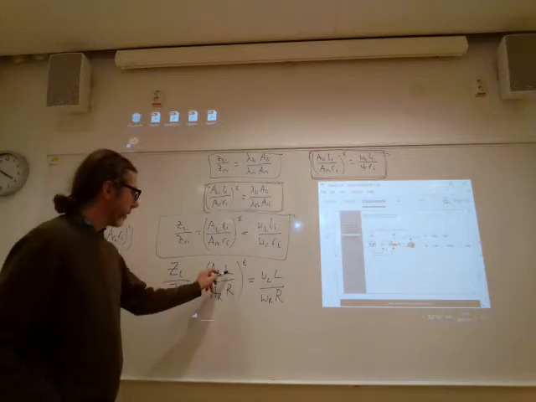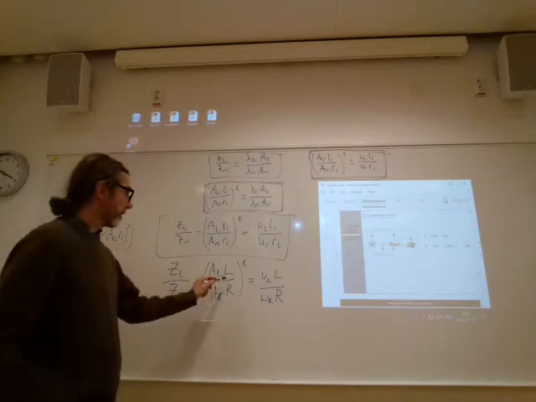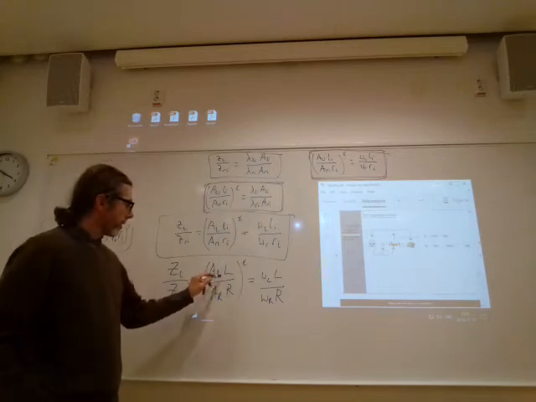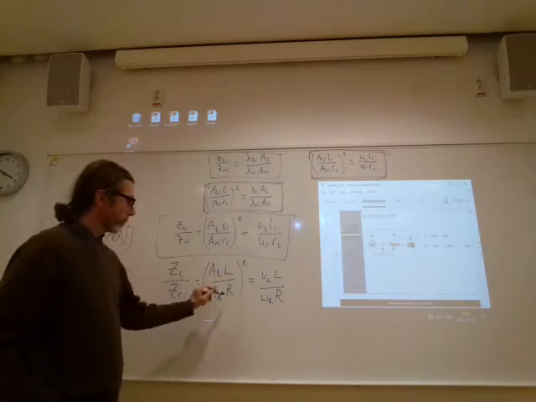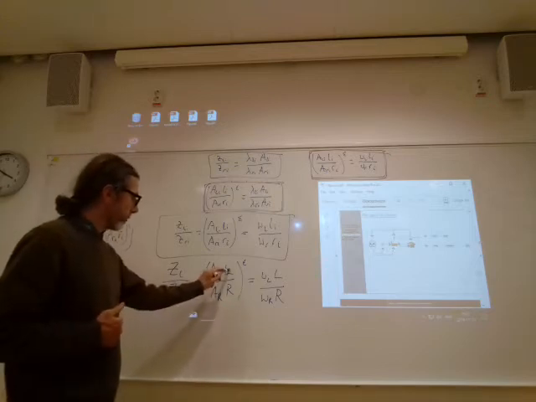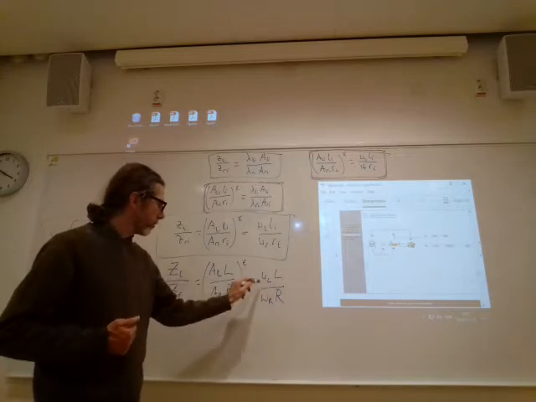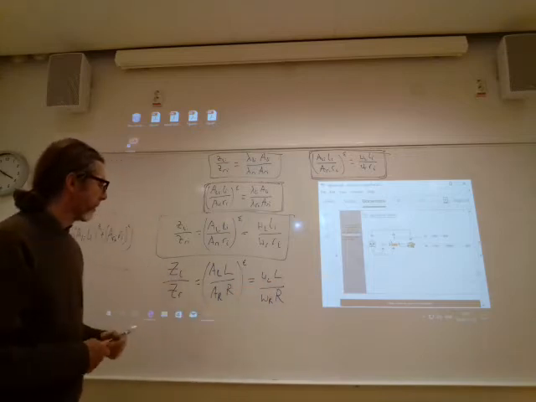But what if instead we know the price of the resource compared to the price of labor? Then we're not so happy with this expression, right? So ideally we want to get rid of the L and R here and get WLs and WRs. And we should be able to do that using this.